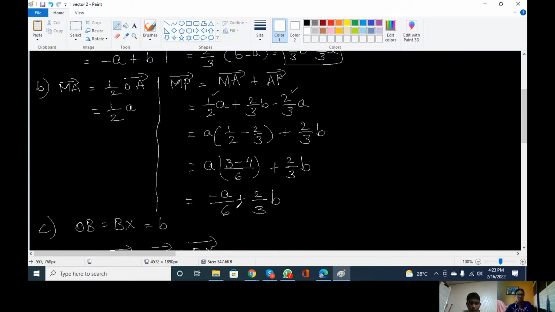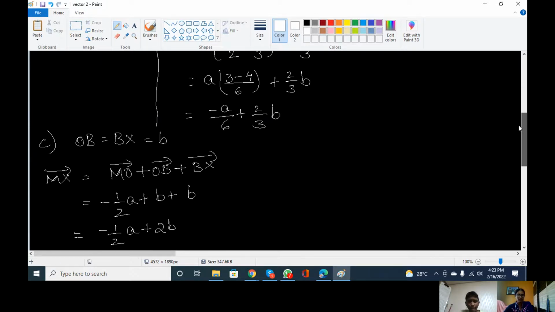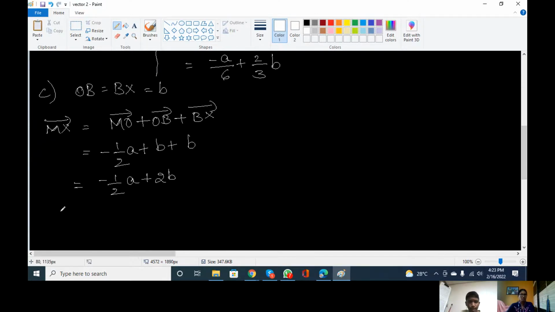MP is negative A over 6 plus 2 over 3 B, and MX is negative 1 over 2A plus 2B.